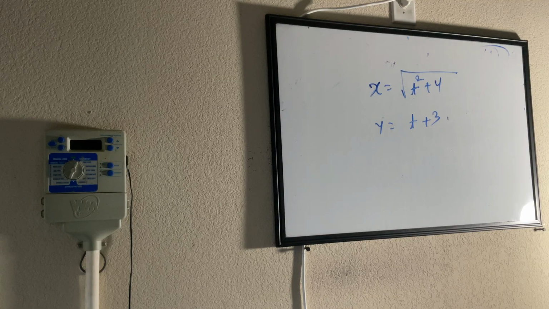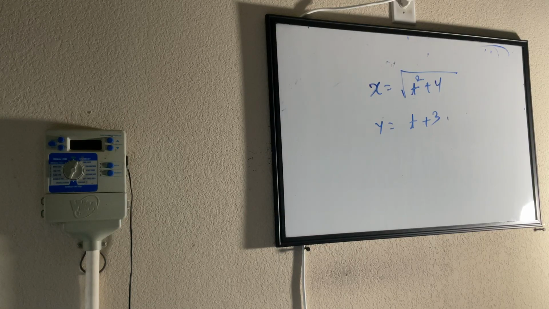Okay. So here, what we do is we just knock off t, so that we get a relationship in terms of x and y. From this equation, y equals t plus 3, so t will be equal to, since we travel on this side, y minus 3. Now you take the value of t.